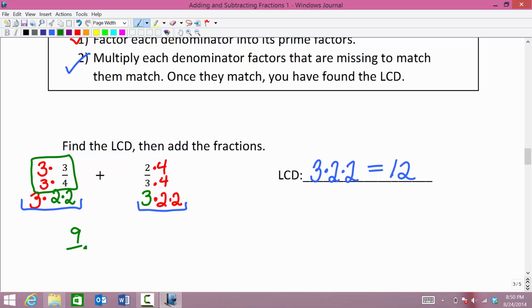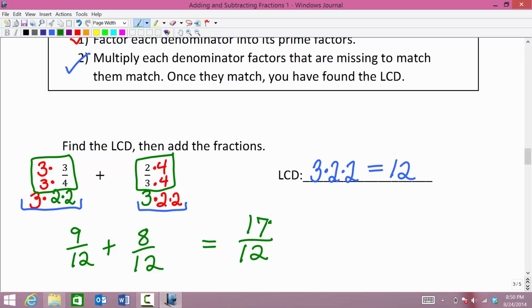That would be 9 over 12 and 8 over 12. Keeping the same denominator, we know that we have 17 out of 12 equal pieces. So we multiply in the missing factors into our denominators. Whatever I multiply times the bottom, I have to multiply times the top to make our denominators look the same.